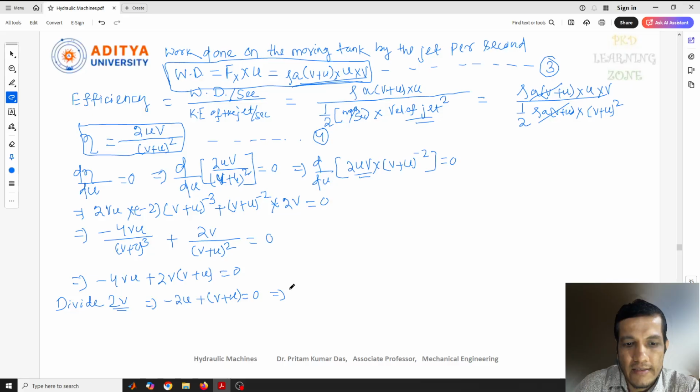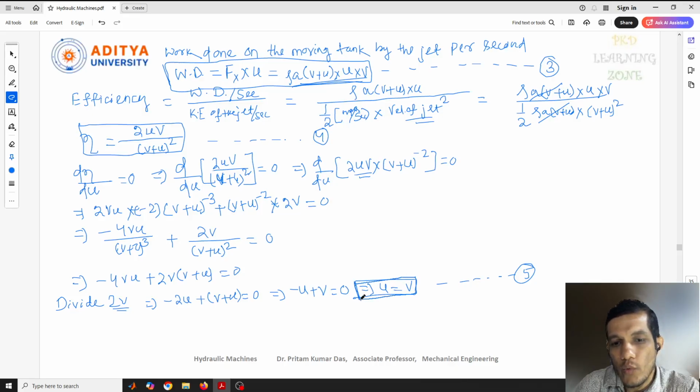Solving it, minus 2u and plus u gives minus u plus v equal to 0, and finally u equals v. This is our equation, and this is the condition of maximum efficiency, when u is equal to v.